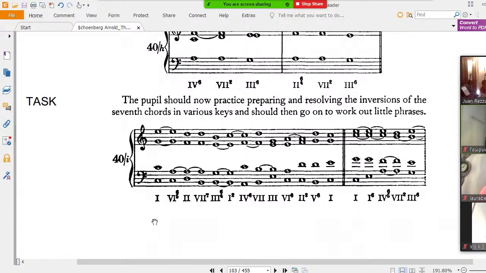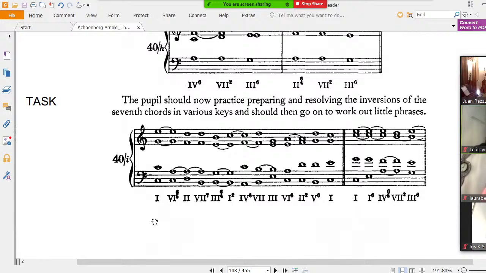In the middle of the exercise, you could have a sequence or not; it's not compulsory. But yes, a perfect authentic cadence at the end: tonic, predominant, dominant, tonic. At least the dominant and tonic must be in root position, as you know. The predominant might not be.